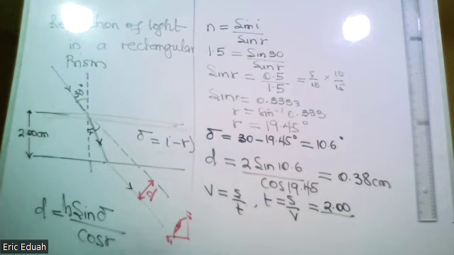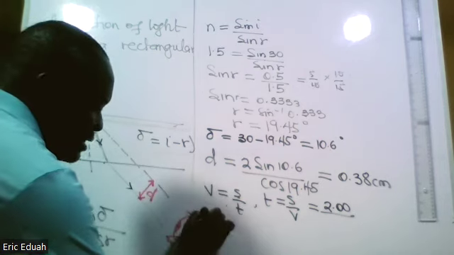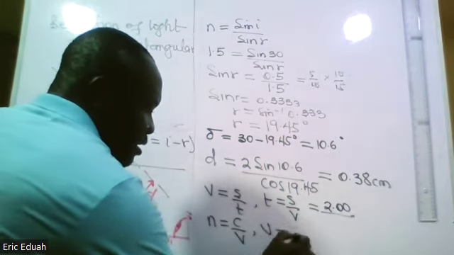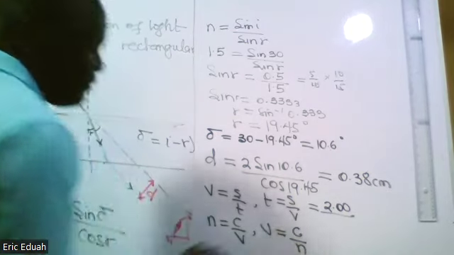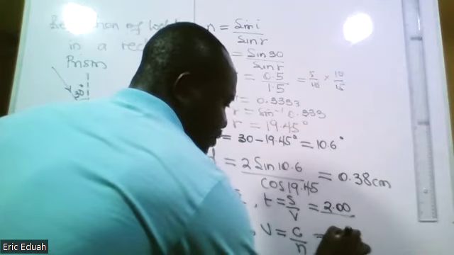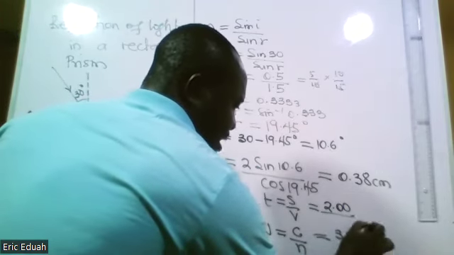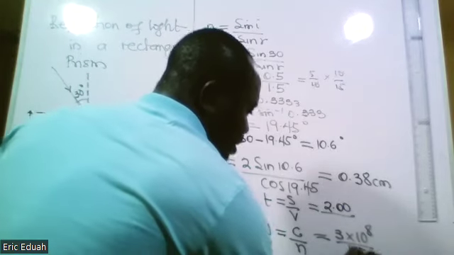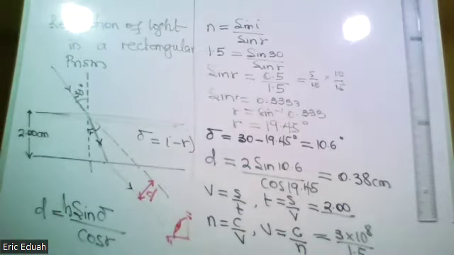All that Kenneth is saying is, let's use c over v to find v, which is c over n, which of course will be 3 times 10 to the power 8 over 1.5, which I agree.